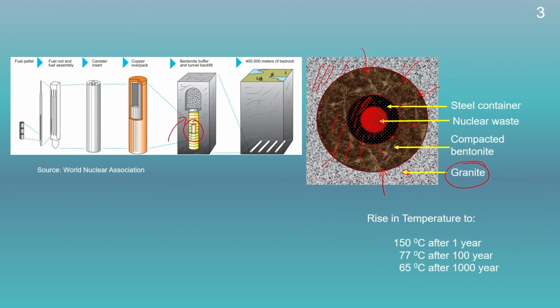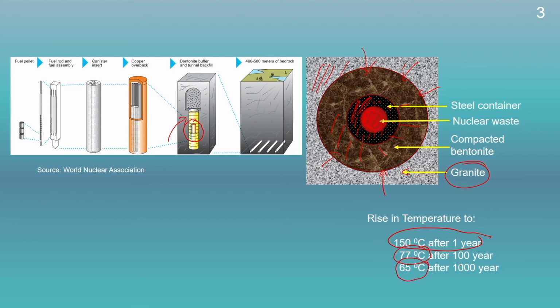With time, this nuclear waste emits heat. For example, after 1 year it will emit a temperature of 150 degrees centigrade, after 100 years it will be around 77 degrees centigrade, and after 1000 years it will be around 65 degrees centigrade.